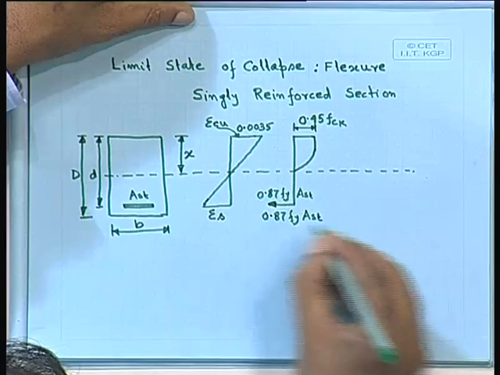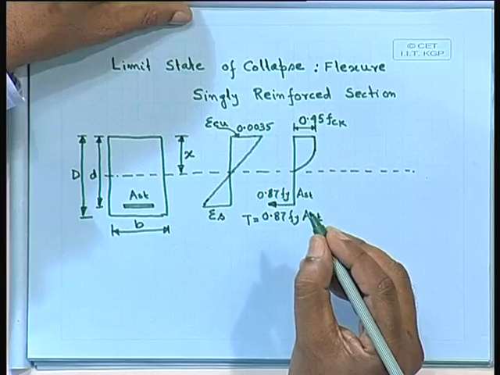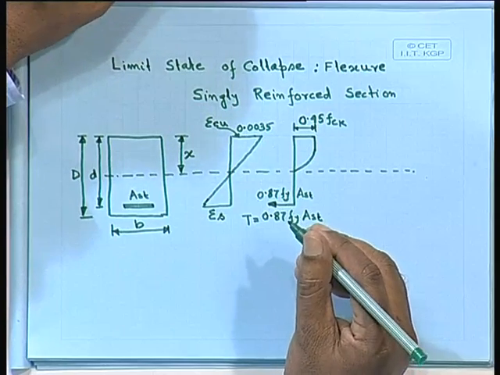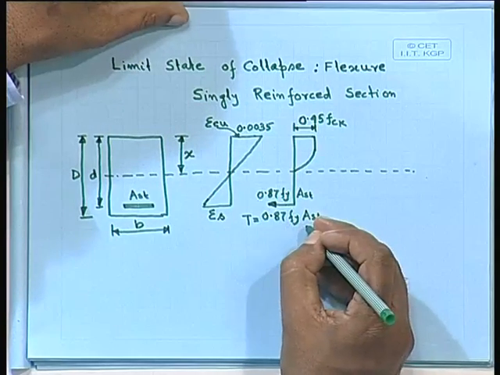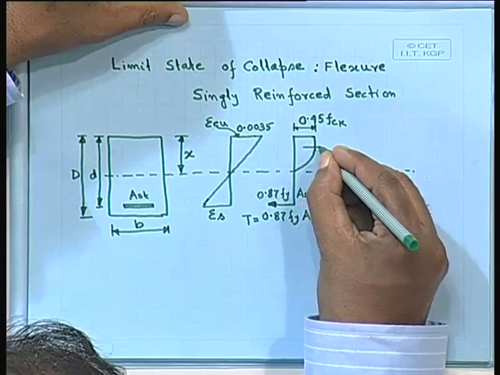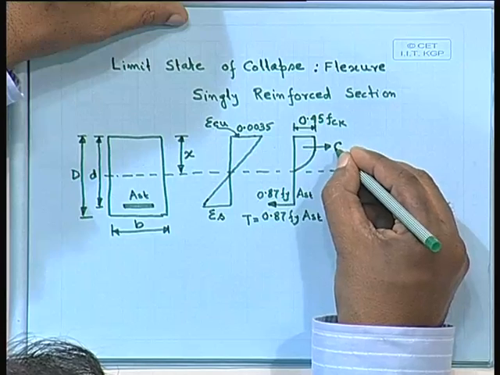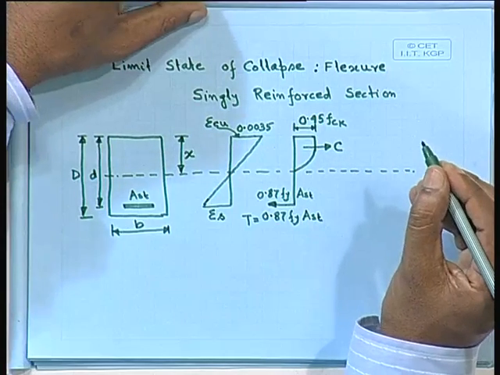This is your T. So the tensile force T on the steel is 0.87 fy Ast. We shall get the compressive force, that is C.